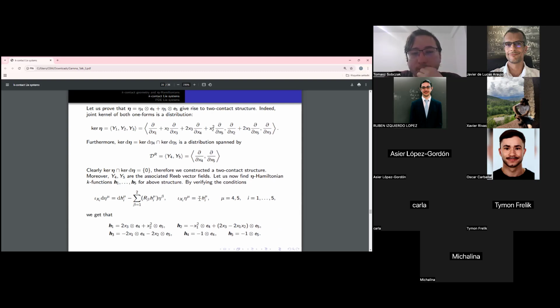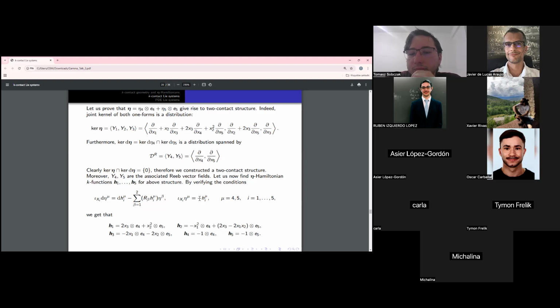So if a certain K-contact Lie system is projectable, it means that it is invariant with respect to the Reeb vector fields. If you define different etas with respect to the same K-contact distribution, different etas may have different Reeb vector fields.